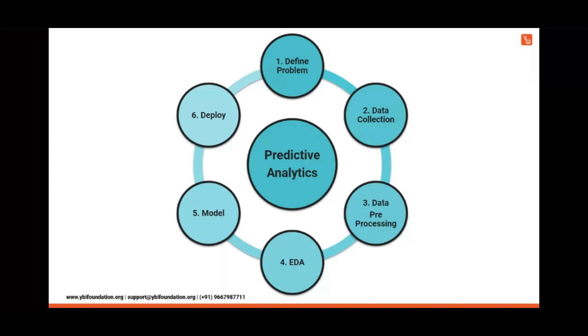Once the EDA has been done, then comes the modeling, which has sub-steps like model fitting or learning, model training, model accuracy, and model hyperparameter tuning. Then finally comes the deployment, deploying the model for the client, on the server, or on the cloud. So those are the broad steps for any predictive analytics problem.